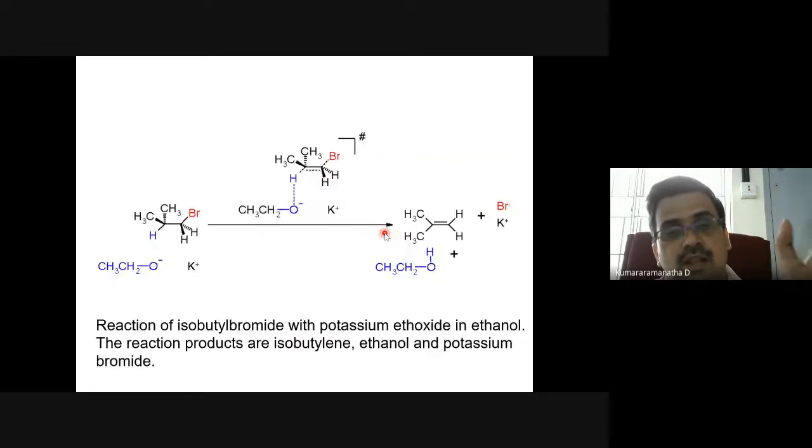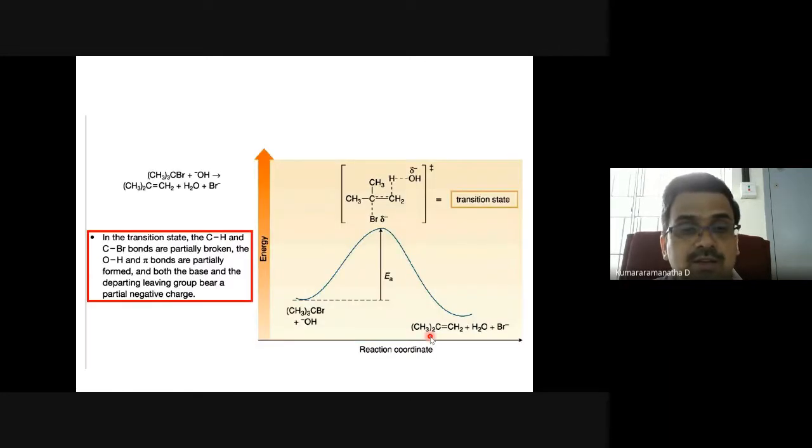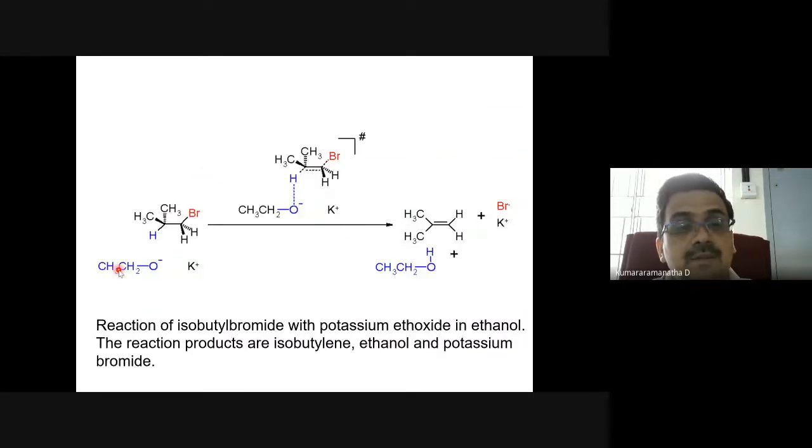Now, the same example: if you have isobutyl bromide with potassium ethoxide. What you have seen is the same. You used potassium hydroxide earlier, and now you are using potassium ethoxide. In this reaction, you know that you are going to remove hydrogen and bromine, so you get a double bond.